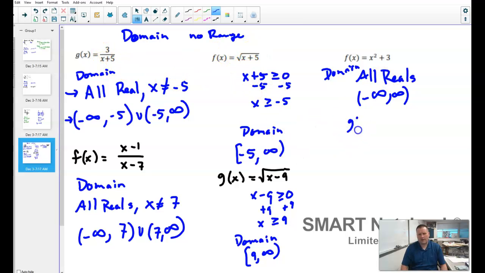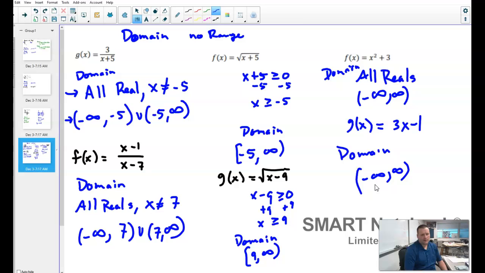So I could have g of x is equal to like 3x minus 1. My domain, again, it's not a square root and it's not a rational. This would be negative infinity to infinity. Okay, that's how it is for everything else that we're going to be dealing with right now. When you get into Math 3, you're going to see there are a couple other functions that don't, but for what we're doing, that's what we're looking at.